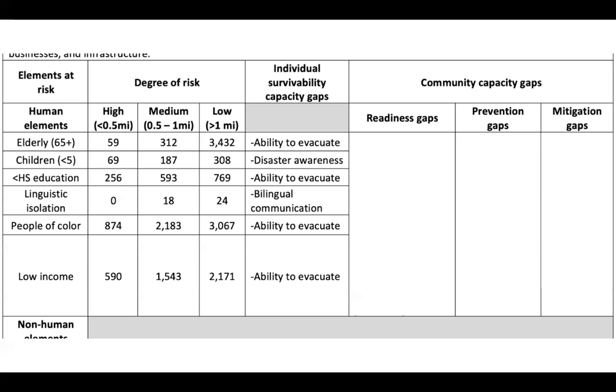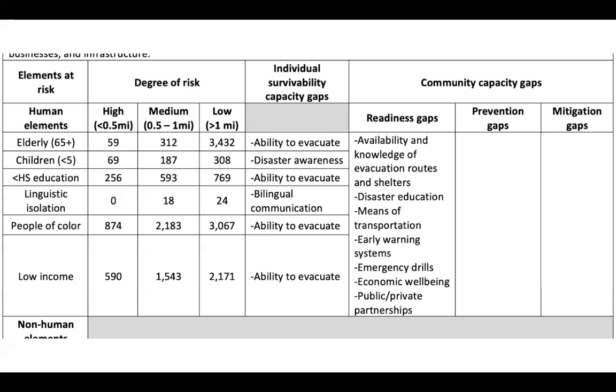So for readiness related to human elements, we have availability and knowledge of evacuation routes and shelters, disaster education, means of transportation, early warning systems, emergency drills, economic well-being, and public/private partnerships.